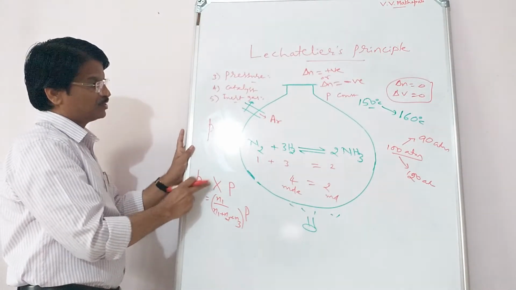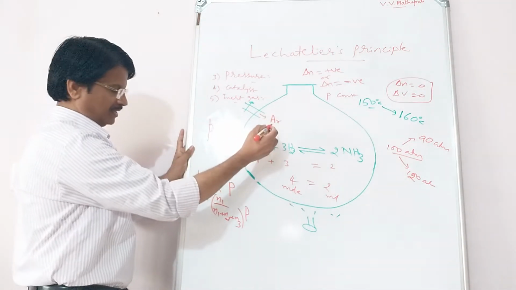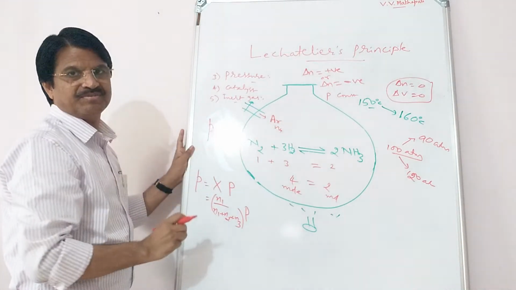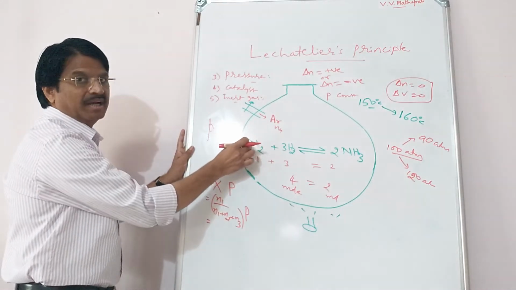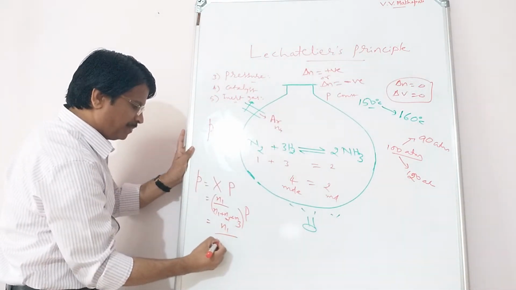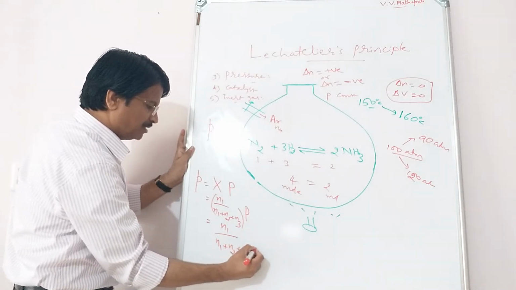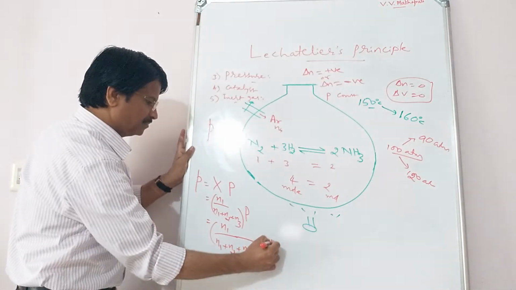This is the partial pressure of N2. Next, after adding argon, let N4 be the number of moles of argon. After adding argon, the partial pressure is N1 by N1 plus N2 plus N3 plus N4 into P.